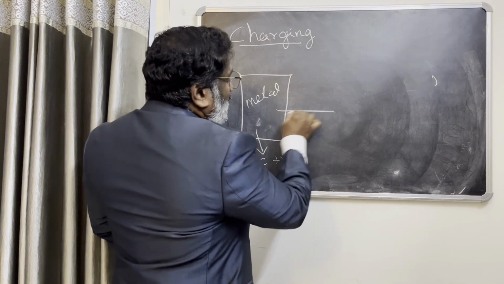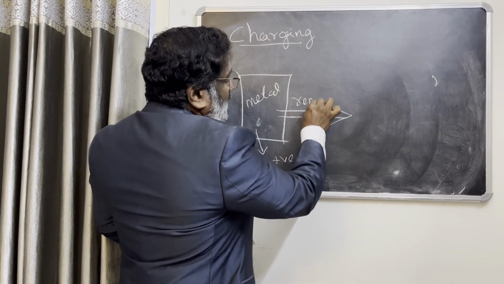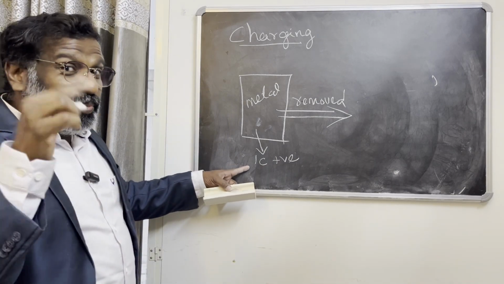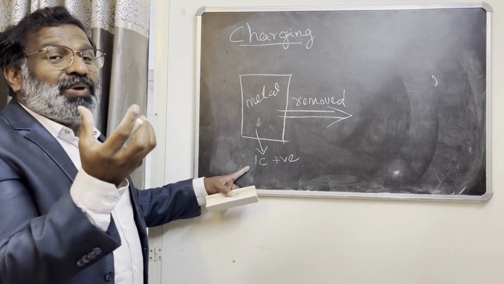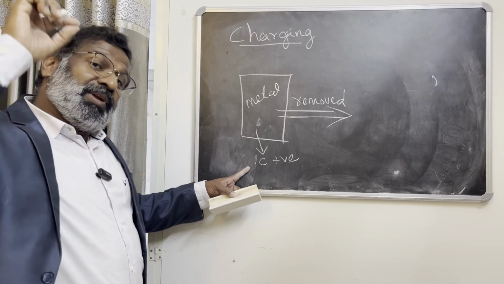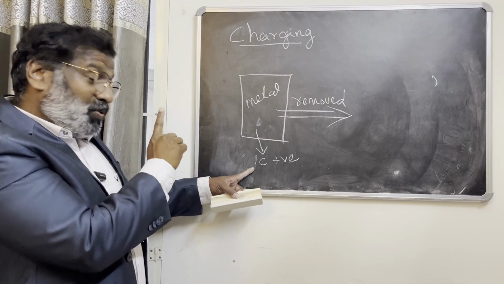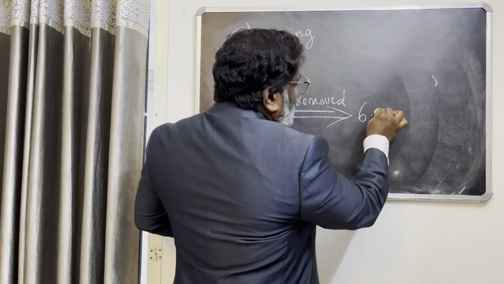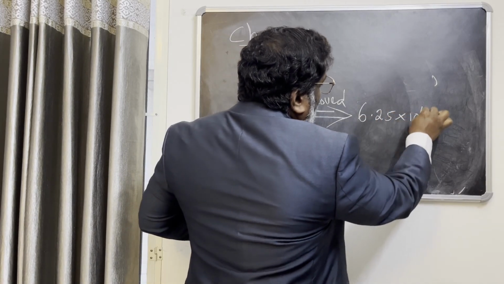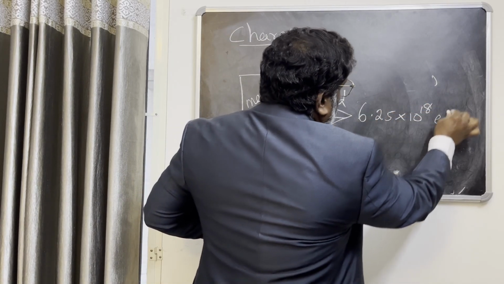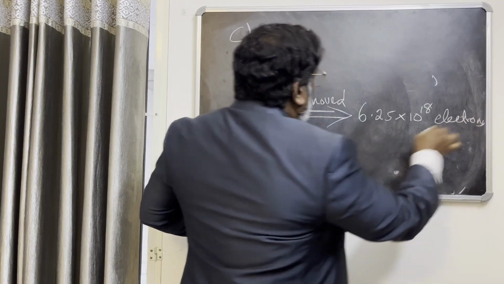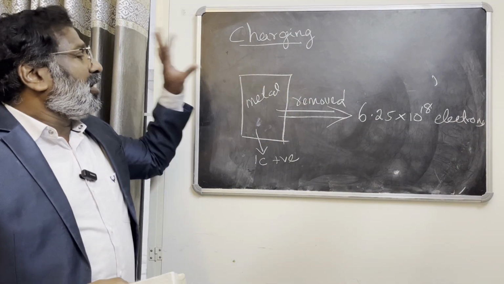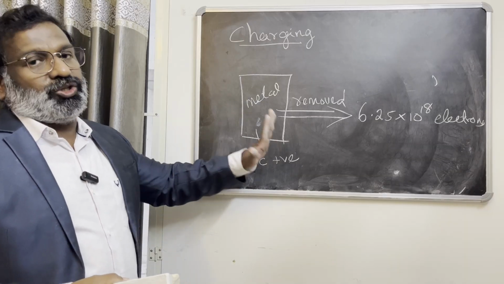So, how many electrons have to be removed from here? 1 Coulomb means how many electrons? The charge possessed by 6.25 into 10 power 18 electrons together is called 1 Coulomb. So, if you want to charge it to 1 Coulomb, we have to remove 6.25 into 10 power 18 electrons. If you remove them from this metal, it will attain 1 Coulomb positive charge.